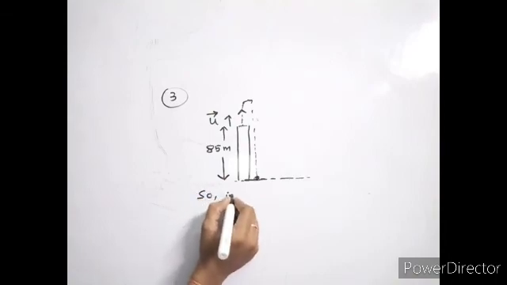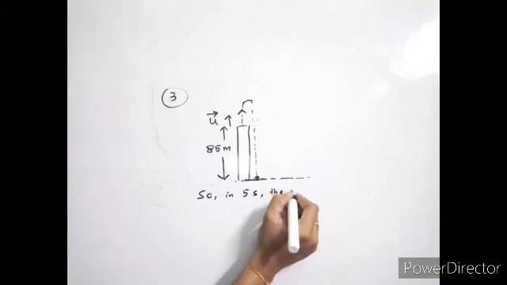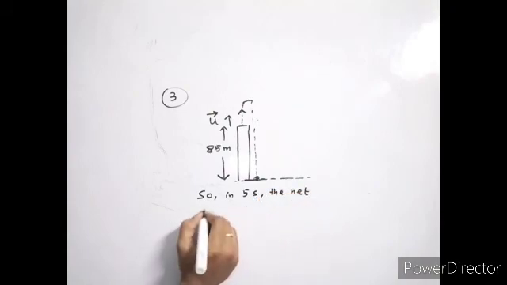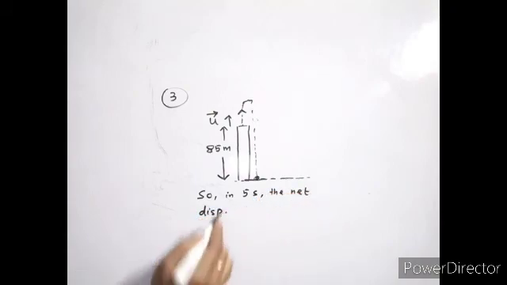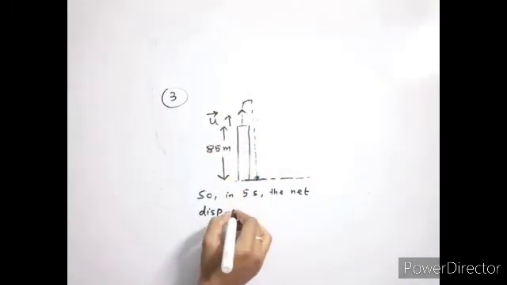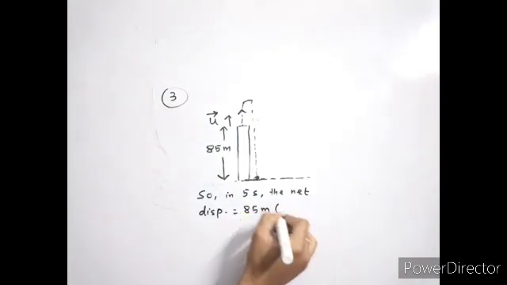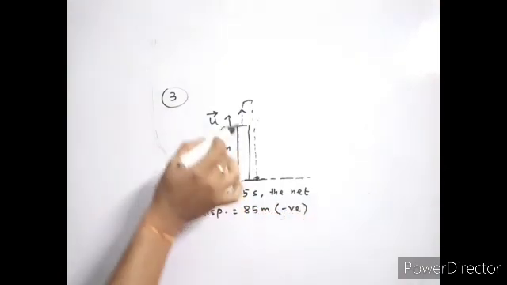So with 5 seconds, the time interval that the object goes up and comes down, that is for the net displacement, the time is 5 seconds, from the top to the bottom. And the net displacement obviously is 85 meters in the downward direction. Okay, that is why it is negative.